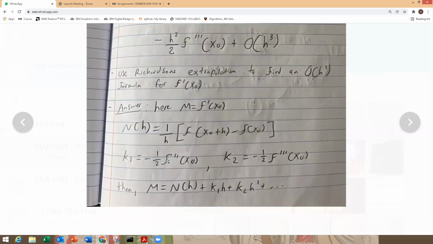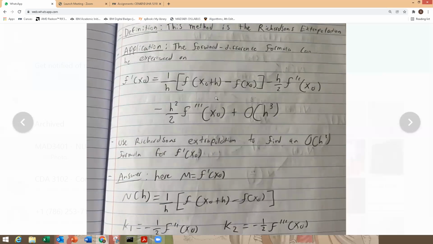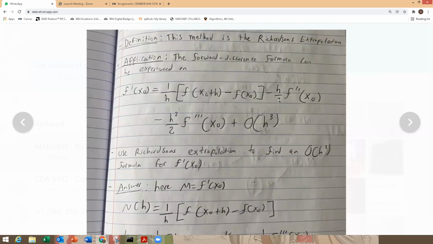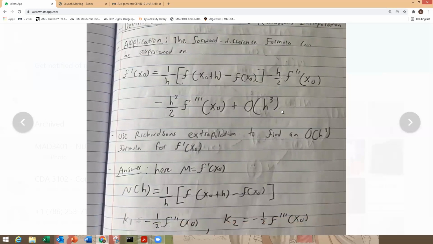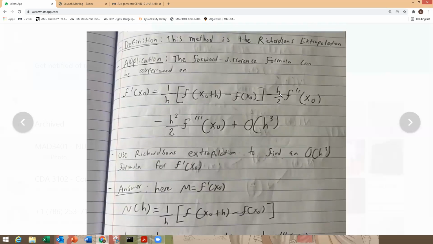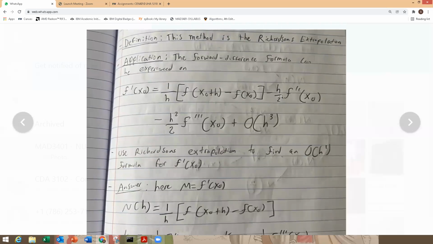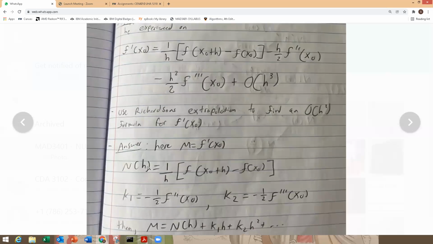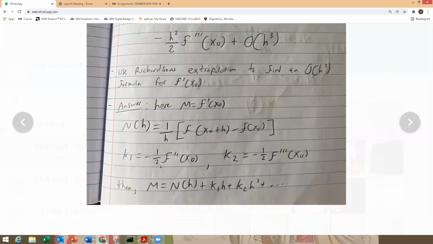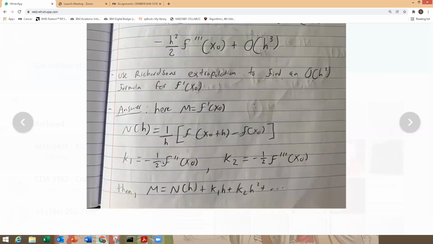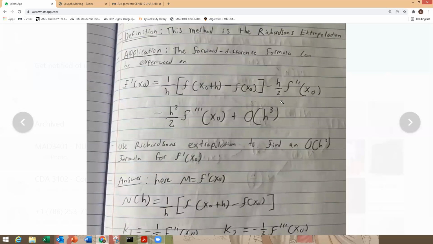Then K1 equals negative 1 over 2 f prime of X naught, right? So you can see that right here. I'm not 100% sure why he uses 1 over H, but I'm pretty sure it's because we do multiply it by H. So this should be K1 H. So when you multiply, it'll give you negative 1 over 2, and then you just multiply the H, of course.